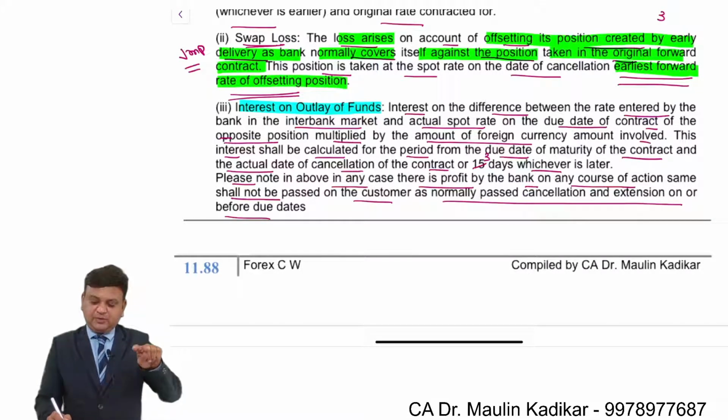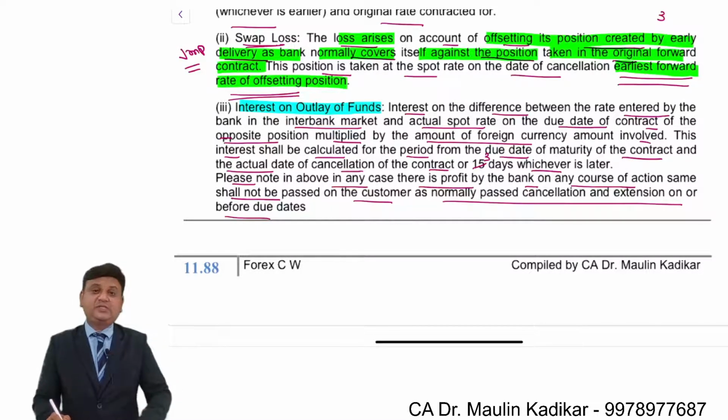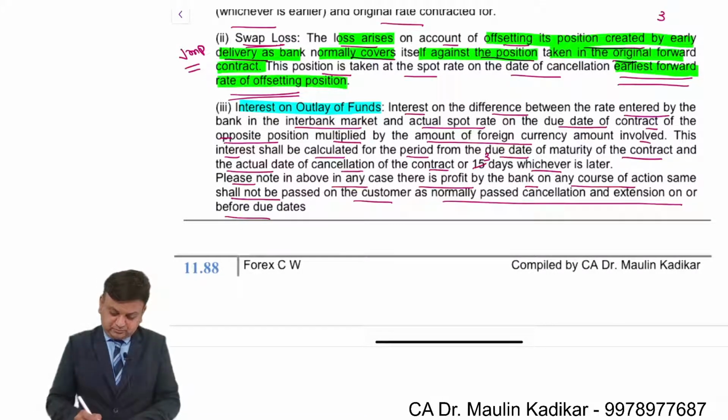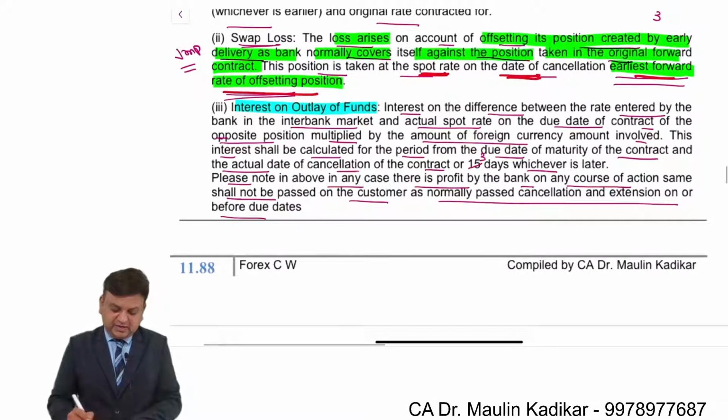So, offsetting position created by early delivery by the bank. Offsetting position means in the spot transaction, the $96,000, sorry, that dollar that you have sold at 63.8. This position is taken at the spot rate 63.8 on the date of cancellation, earliest forward rate for offsetting position.